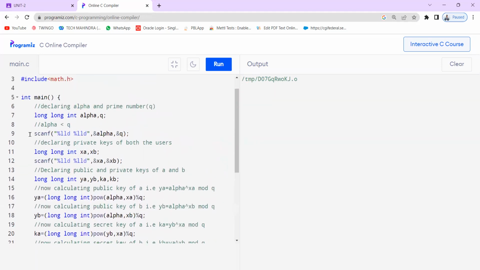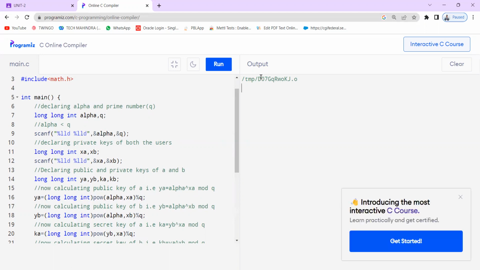So now we have to give the values for alpha and q. First we give the value for alpha as 3. Next, we give the value for q, which is a prime number. It should always be greater than alpha, so we give 7.